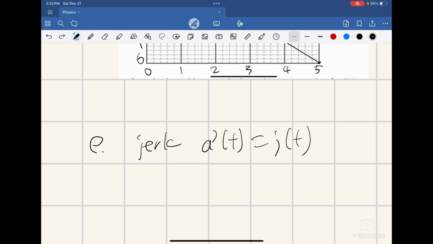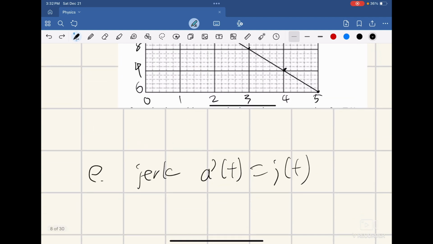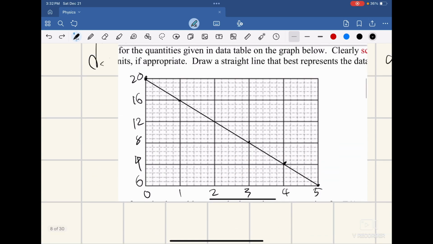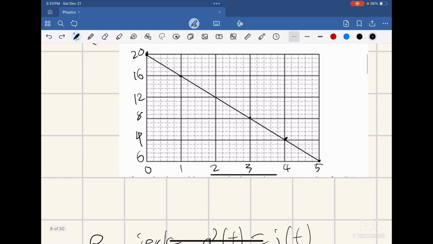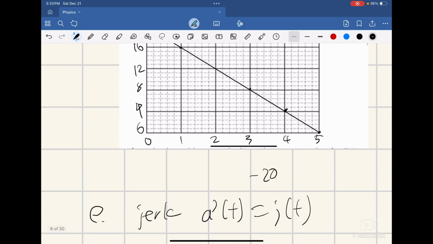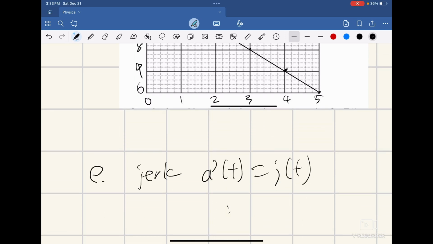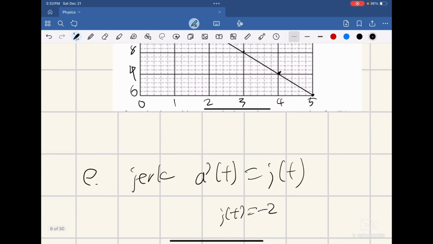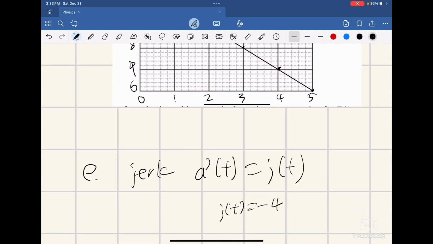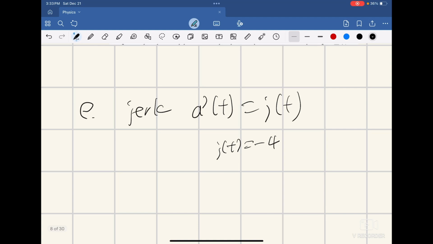The derivative of a function is just its slope, and we know the slope is negative 4. So jerk is equal to negative 4.